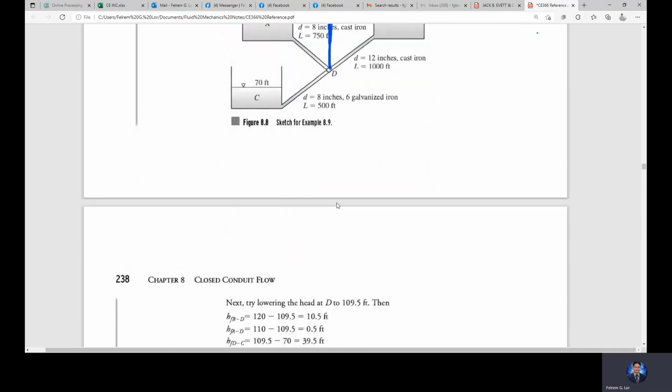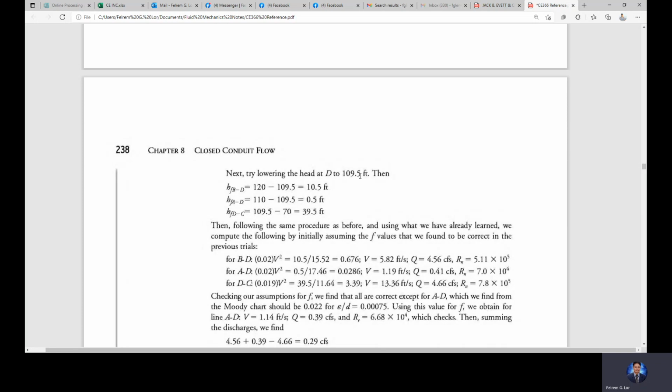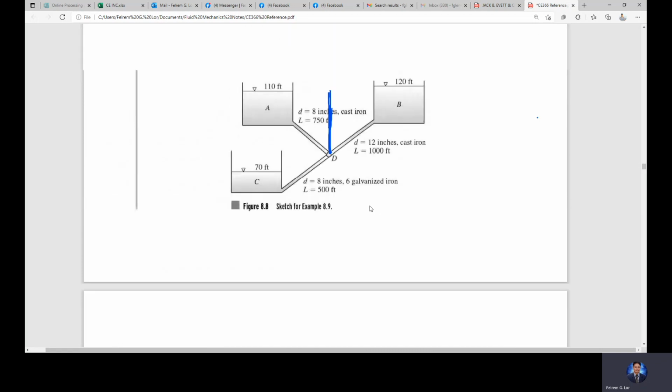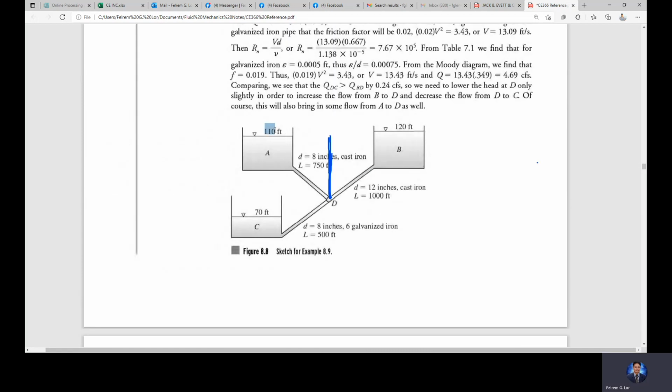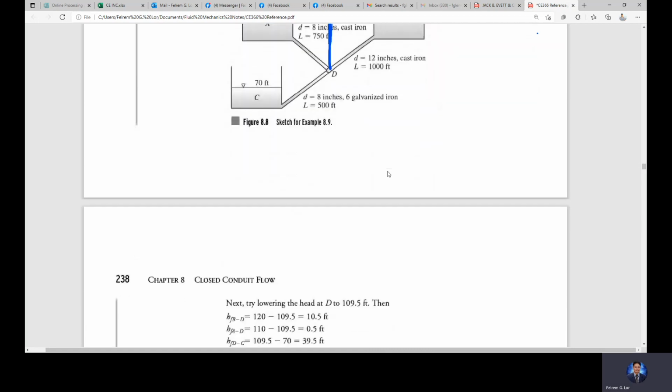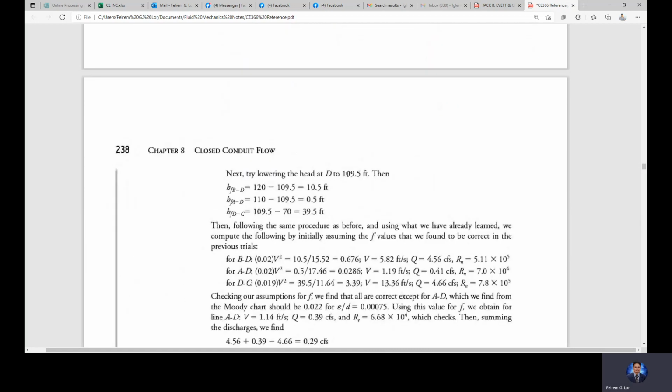So karon giubos niya ang head to 109.5. Actually kining 109.5 assumption na sad ni siya, I mean trial ni siya, first trial. 109.5 kay less than 110. So mas ubos siya sa 110, so any value less than 110.